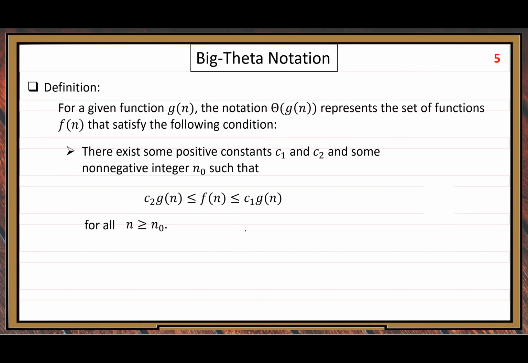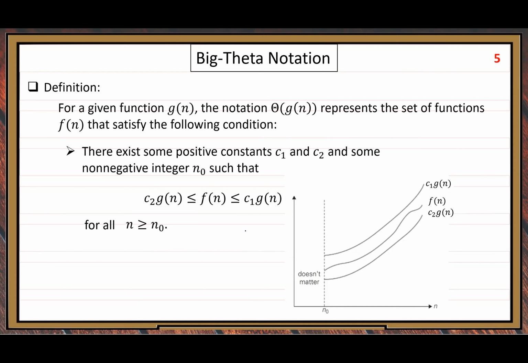Still, n should be greater or equal to n0. From the graph, this time we have both upper bound and lower bound, like this. So then we use the big theta notation.